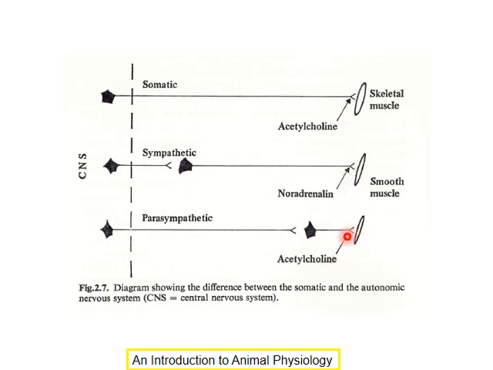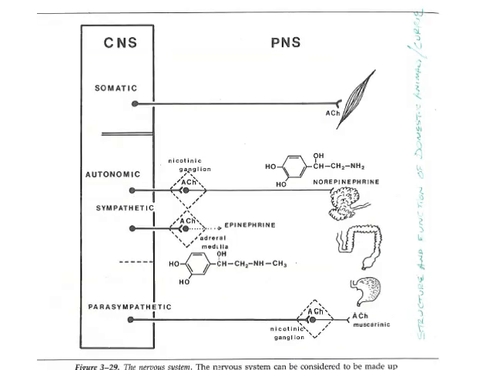Different transmitters are used, depending on what needs to be done. Here's another illustration of the same principle. Again, just one nerve coming out of the central nervous system into the peripheral nervous system for each muscle. And then the autonomic is shown there on the bottom.